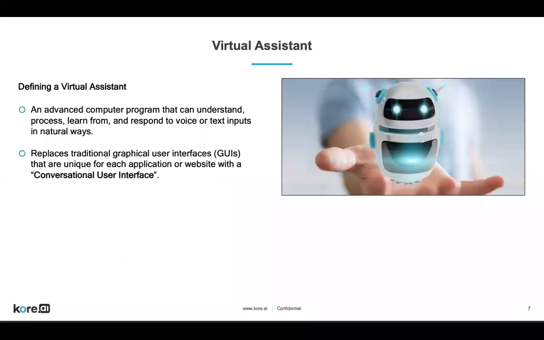So when you have a chatbot or a virtual assistant, you can talk to it in the natural language, just the way you communicate with your co-fellows. In the same way, you can talk to a virtual assistant, and the virtual assistant will have the capability of understanding the utterance or the input coming from the user, process it, and return the response to the user.